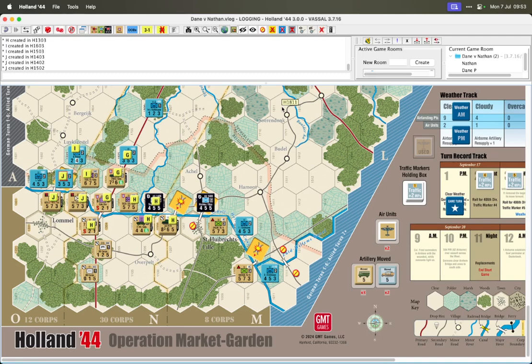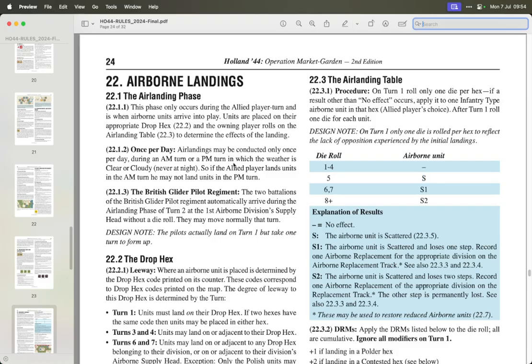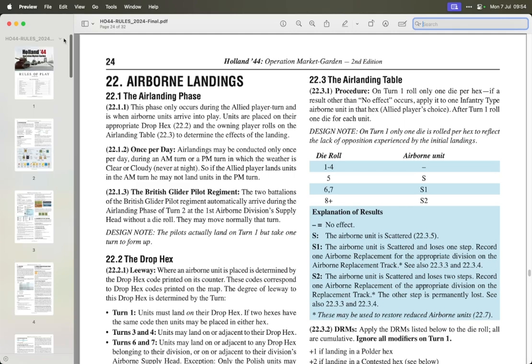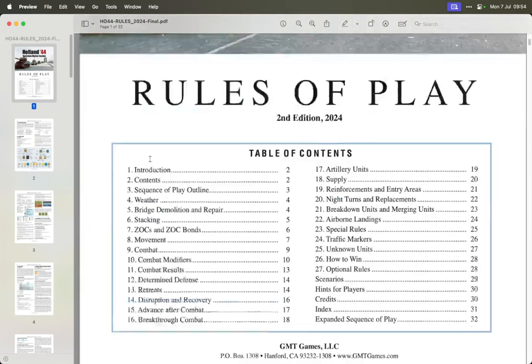All right, let's go calculate. Now, attacking down a road in this game invokes some sort of limitation on the number of steps that can attack. That's unique to this one. I don't remember that rule. Well, I may be imagining it. Let me look in the manual as well. Attacking.